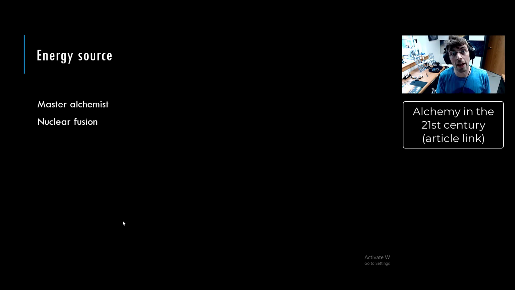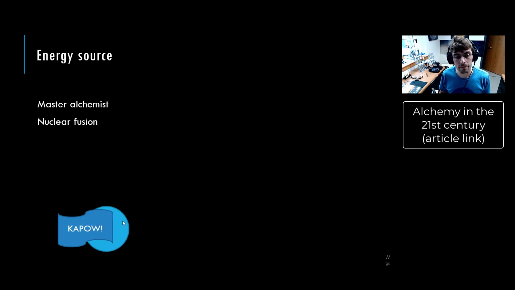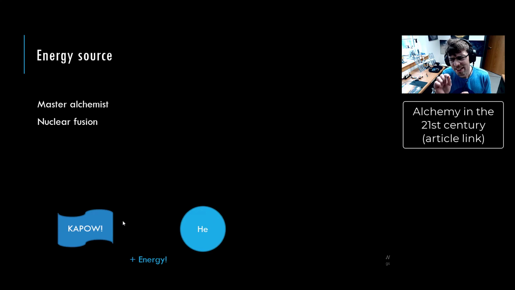And when we do that, we don't call it fission, we call it fusion. So a star is a master alchemist, and it fuses, to begin with, 4 hydrogen atoms to form 1 helium atom, plus just a tiny bit of energy.